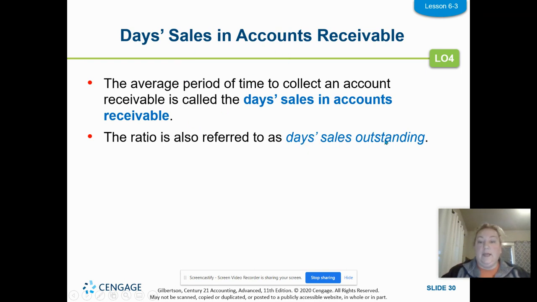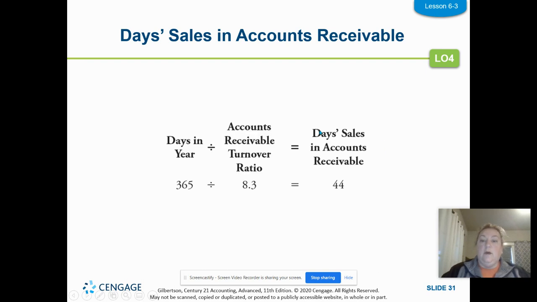It's also used as days sales outstanding. We take our 365, divide it by that 8.3 ratio, and we see that every 44 days, those accounts receivables are paid for.